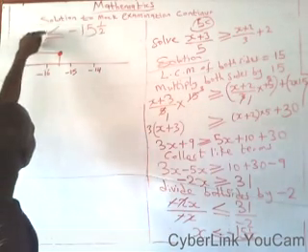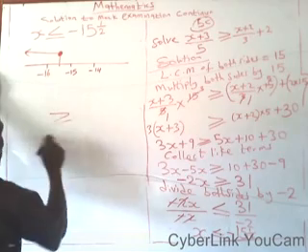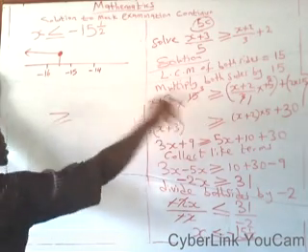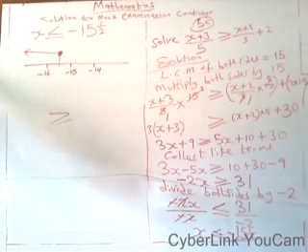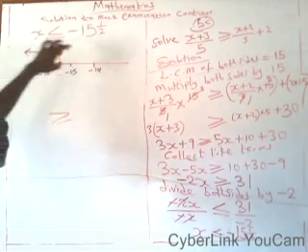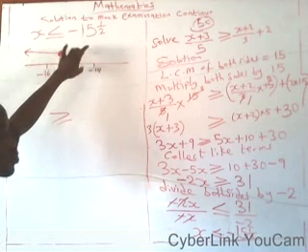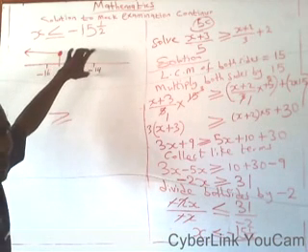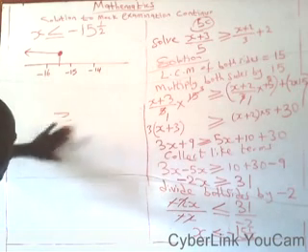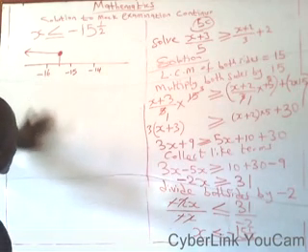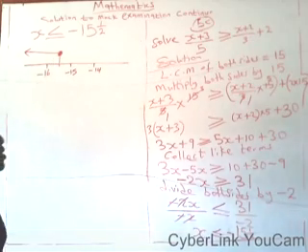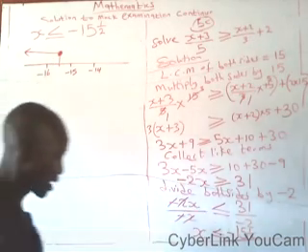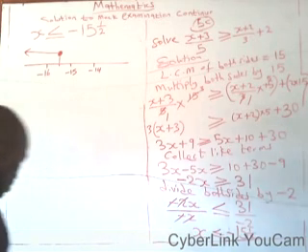If you have greater than like this, that means this arrow is pointing towards this direction. But for this case, we're moving towards this direction. And that is the number line that we are asked to represent our answer on. In that case, that is the final answer for question number 5C.